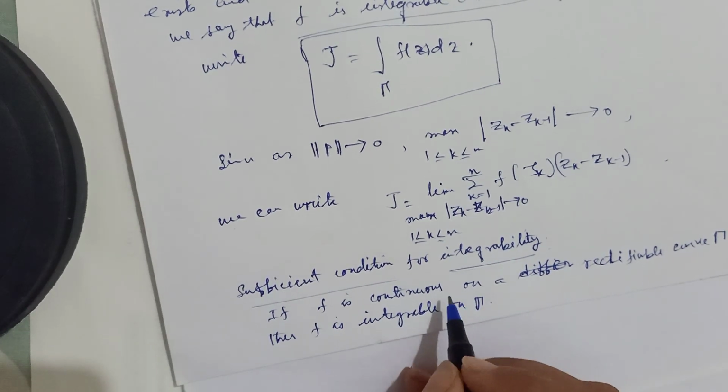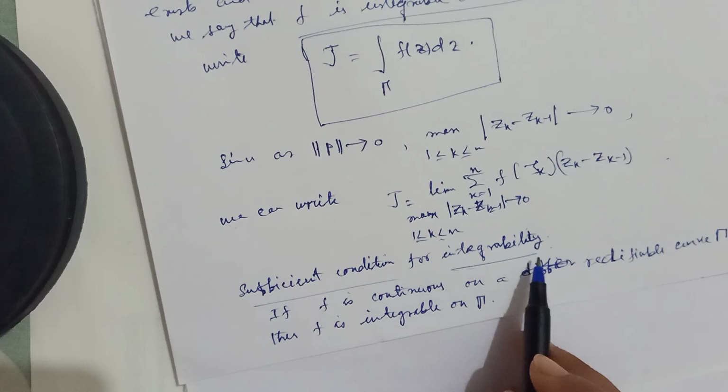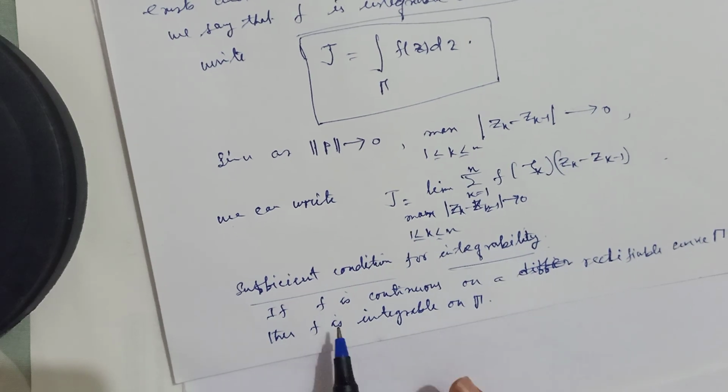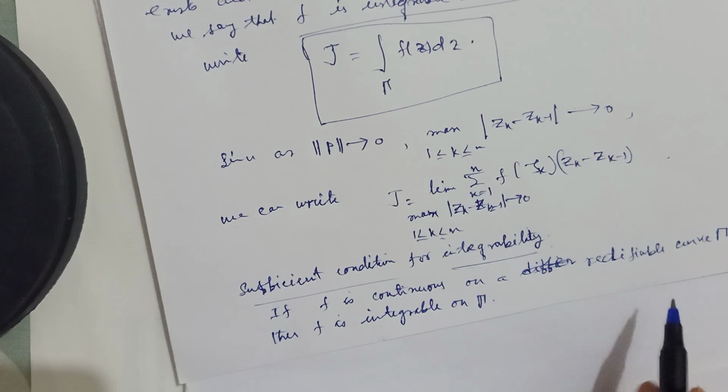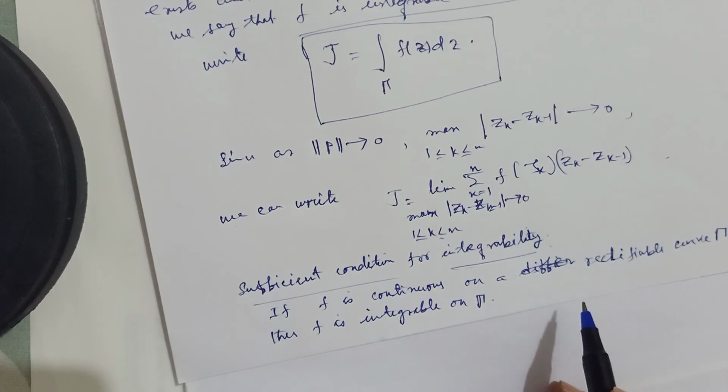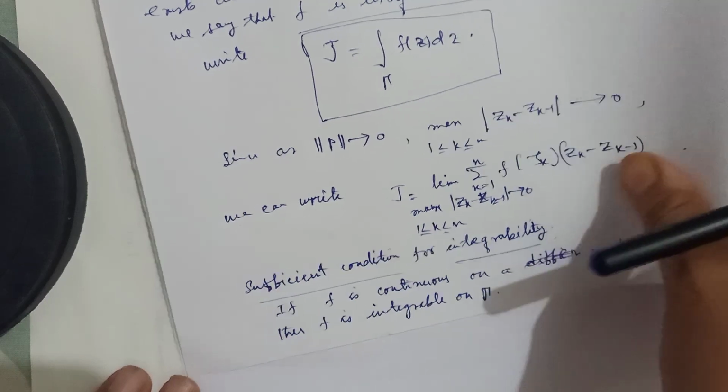This is the sufficient condition for the integrability of function f. If f is continuous on a rectifiable curve gamma, then f is integrable on gamma. Clear?